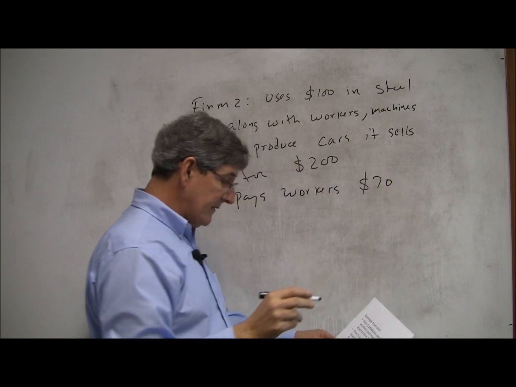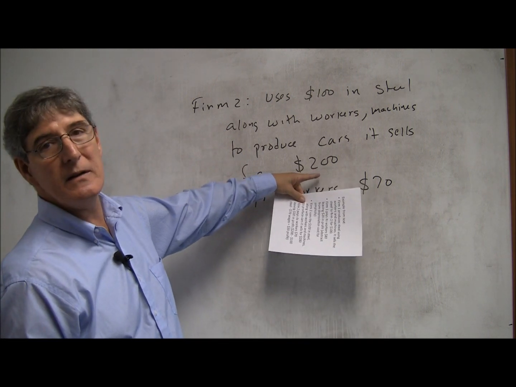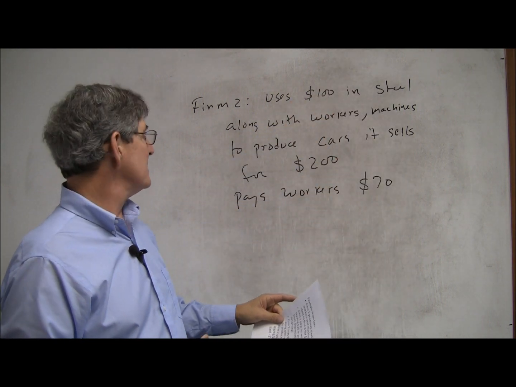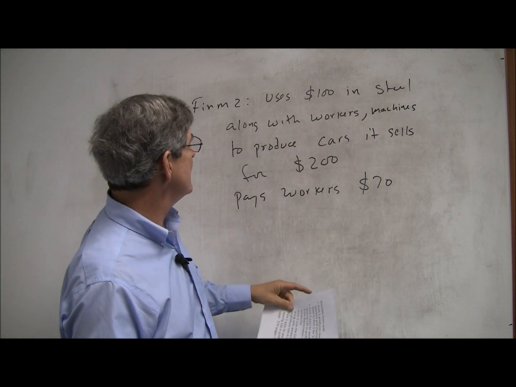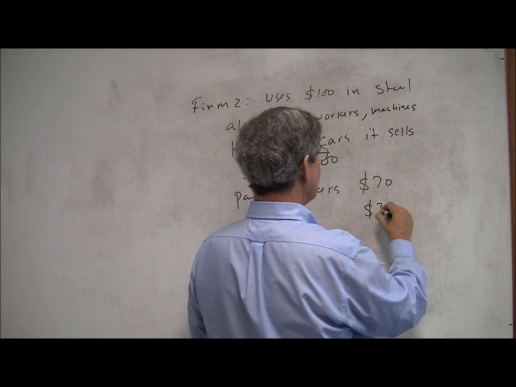$70. So what's the profit in this case? Well, it sold the output for $200, but it paid $100 for the steel. And so it only made $100. 70 went to workers, so that leaves 30 for profit for the firm.